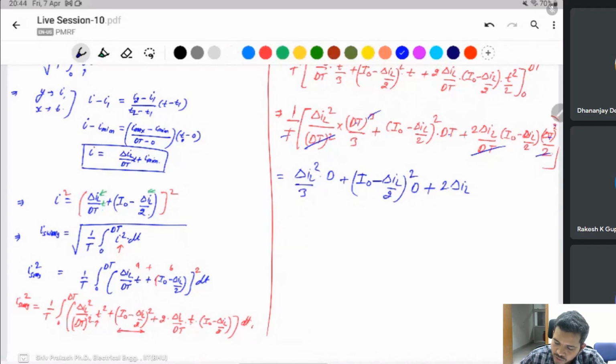Cancel out these two and these two also, then you find I naught minus delta IL divided by 2 into d.